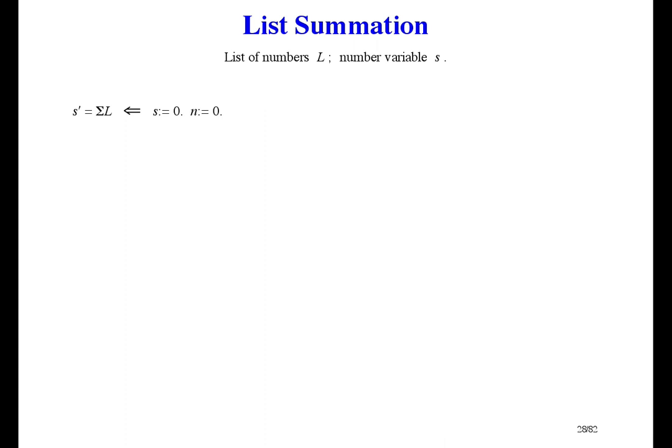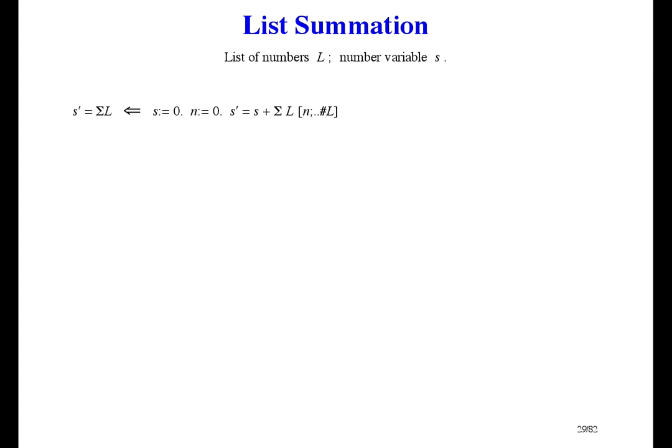What's left? Well, everything, because we haven't really done anything yet. But try to forget that and write what's left to be done at any time during the computation. We want S in the end, that's S prime, to be the sum so far, that's S, plus the sum of the remaining items. That's the sum from item n to the end of the list.